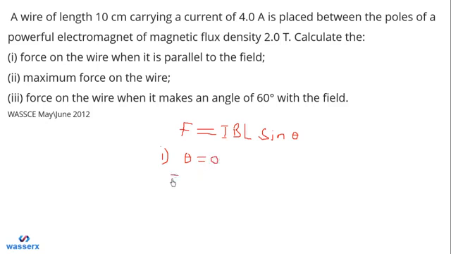And this implies that the force will be equal to the current, which is 4.0 amps, so 4.0 times the magnetic flux density, which is 2.0, times the length, which is given as 10 centimeters.